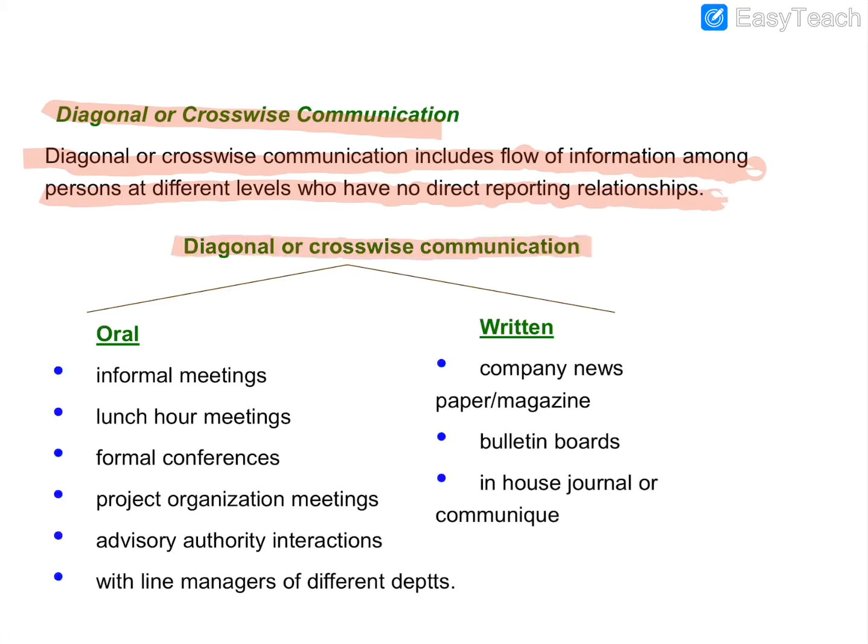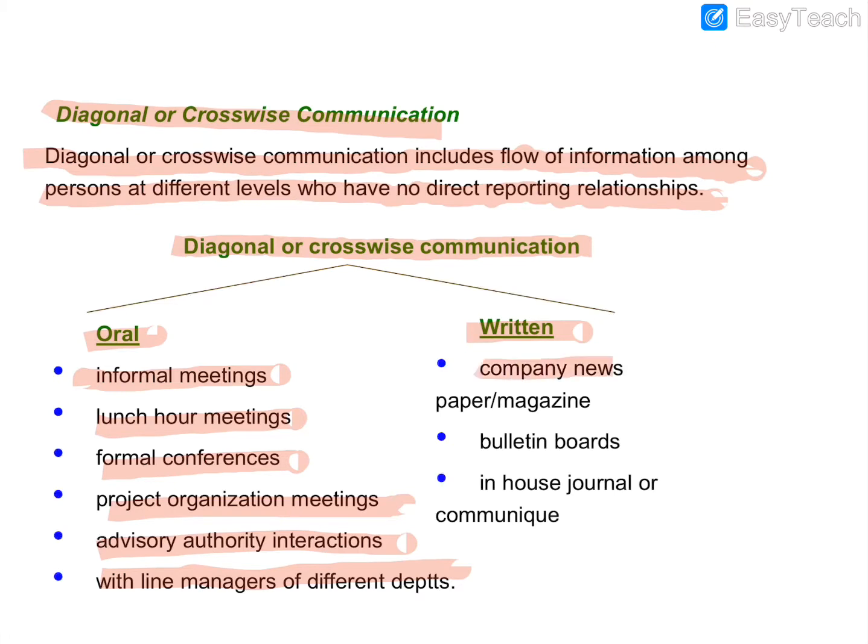This diagonal communication includes oral and also written, such as informal meetings, lunch hour meetings, formal conferences, project organization meetings, advisory authority interaction with line managers of different departments, company newspaper, magazine, bulletin boards, in-house journal, and also communique.